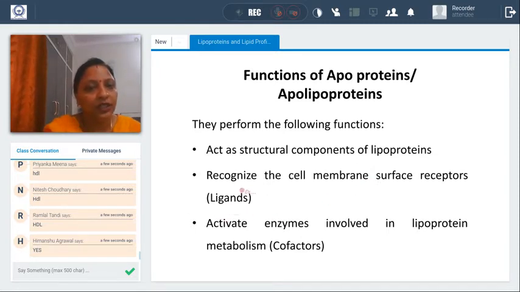Another is to activate enzymes involved in lipoprotein metabolism, acting as cofactors.